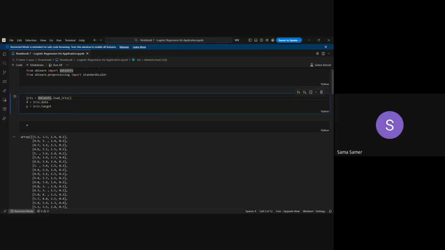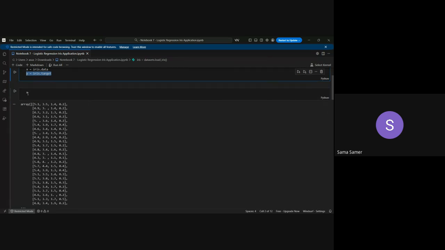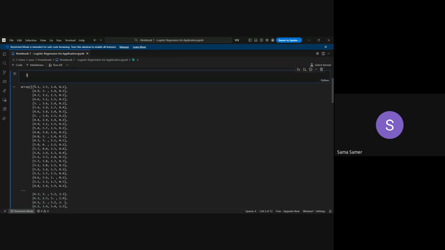Then, again, when loading the iris dataset from datasets of sklearn, we are not loading the full dataset or the things that we have loaded before. We are here separating the data directly into the x.data and y.target. And here we can find that X has an array of the numbers inside the data.